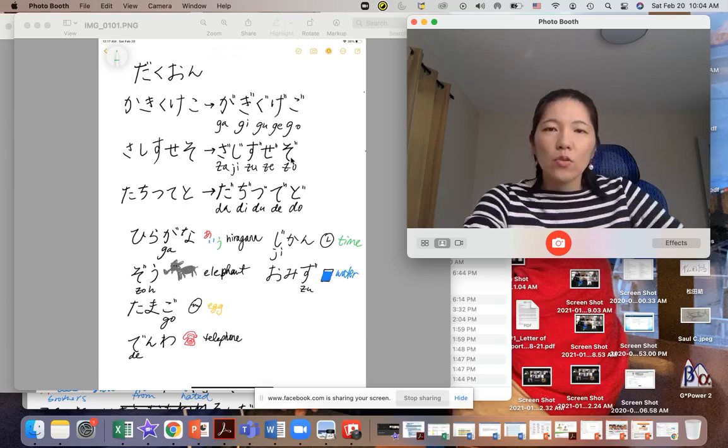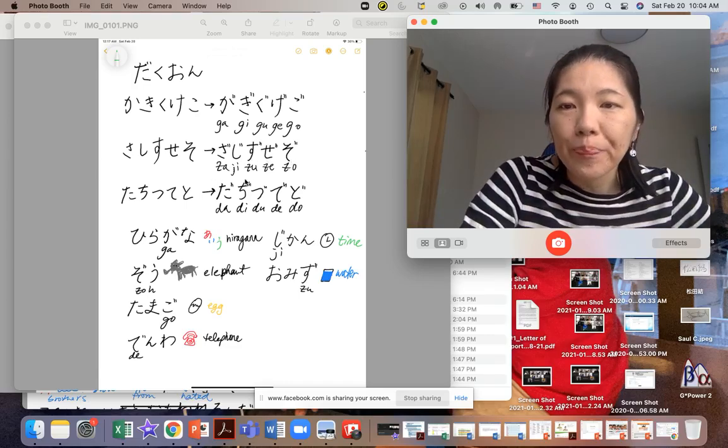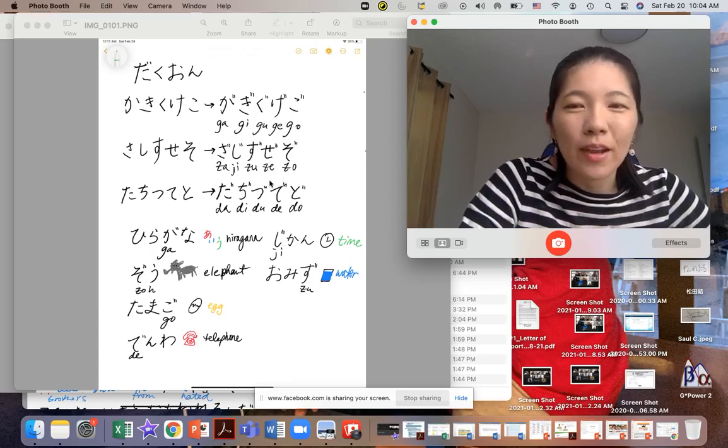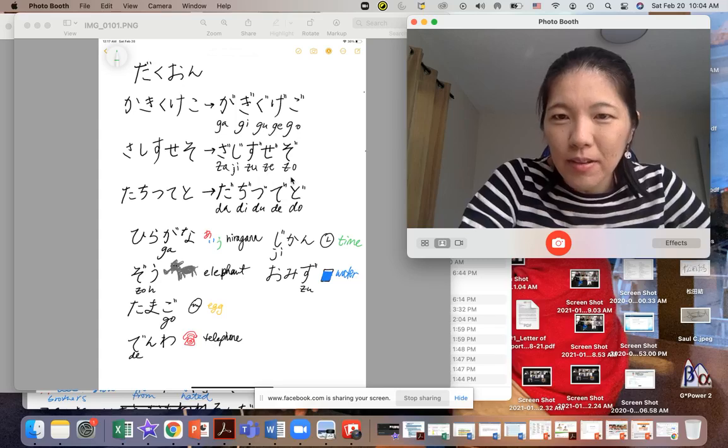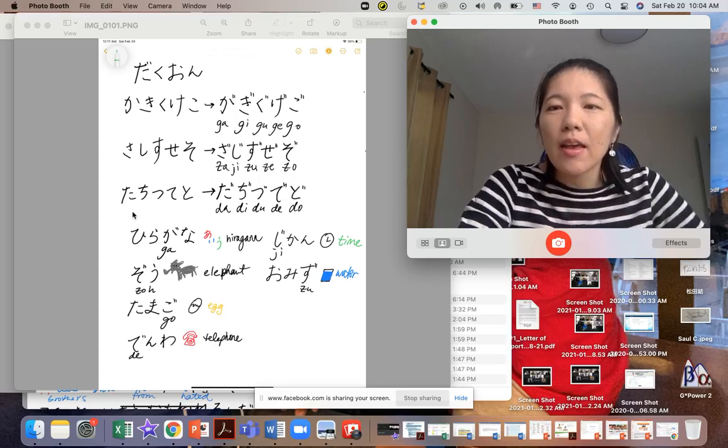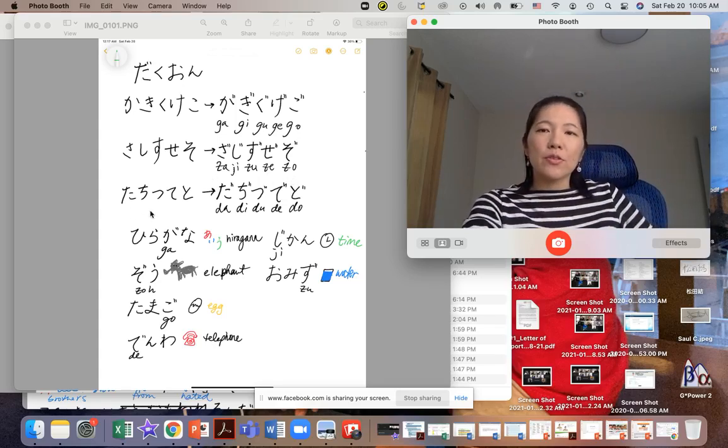That's how you type it, exactly how it is. And then the third one I'm going to introduce, the original form is tachitsuteto. That becomes dajizudedo.